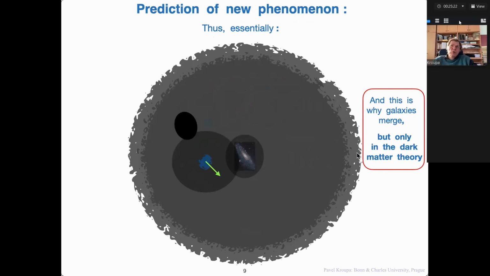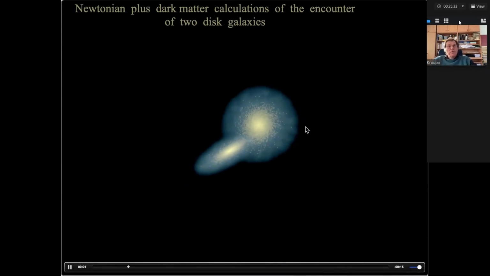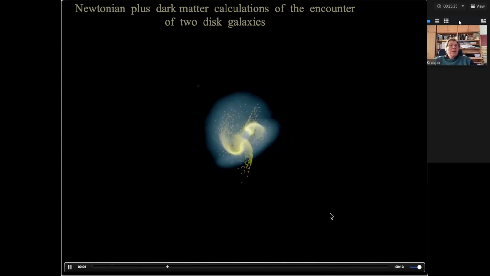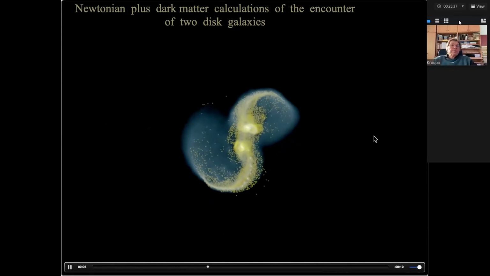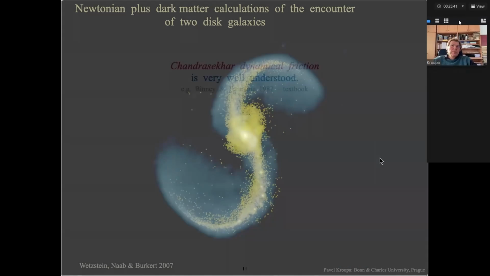And this is why galaxies merge, but only in the dark matter theory, because if we have a theory without dark matter, they would typically fly past each other on hyperbolic orbits. And here's an example of two galaxies merging, which you can see how quickly they merge. It's basically within a crossing time.